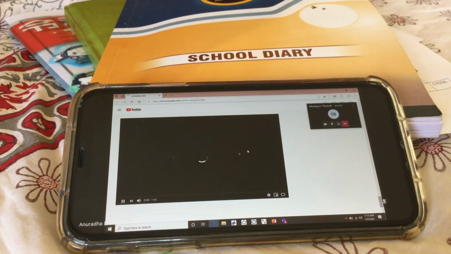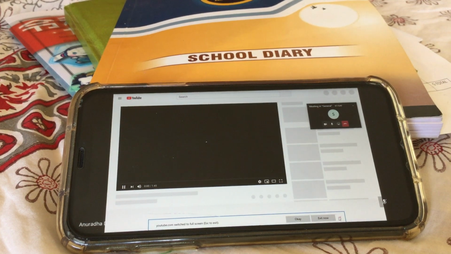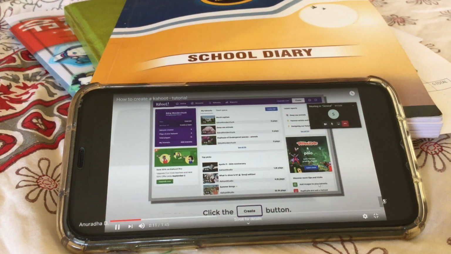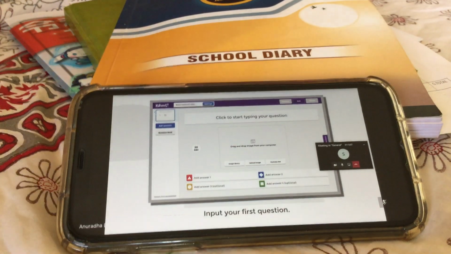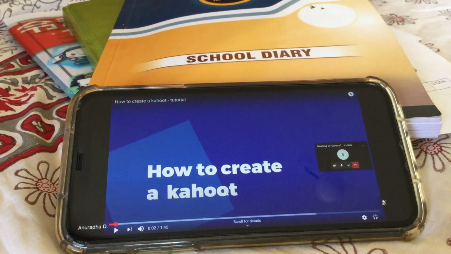It is getting loaded. So once again, how to create a Kahoot.